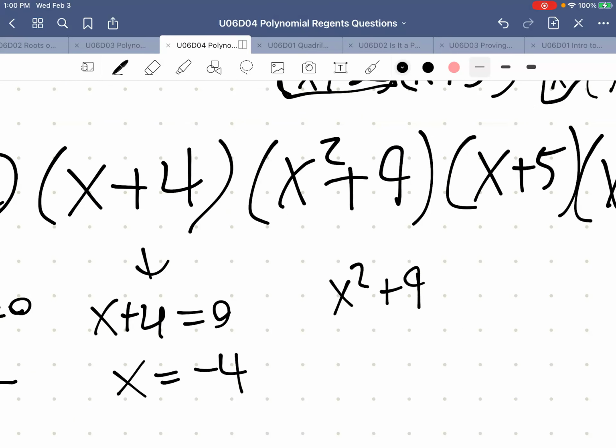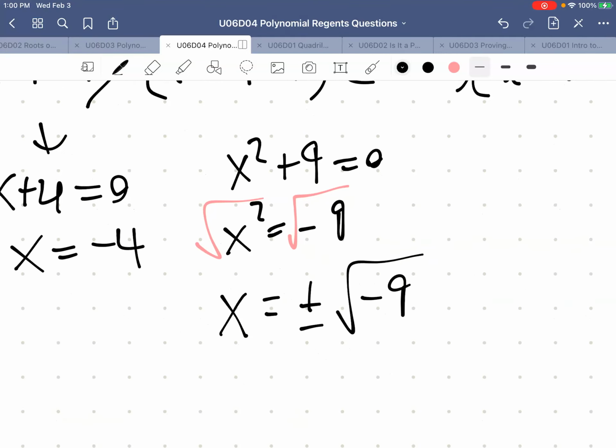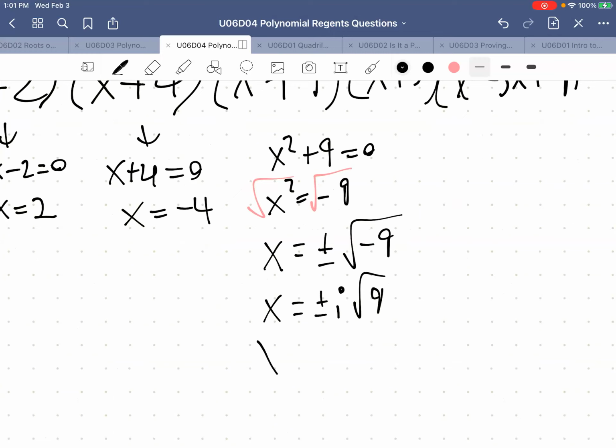The factor of x squared plus 9 will be equal to 0 when x squared is equal to negative 9. And x squared is only going to be equal to negative 9 if we take the square root of both sides. We will get x is equal to plus and minus the square root of negative 9. We can factor out the negative 1, which is an i. And the square root of 9 is equal to 3.